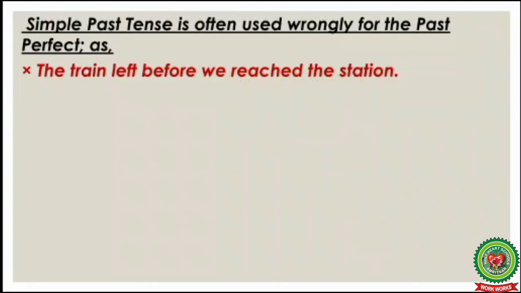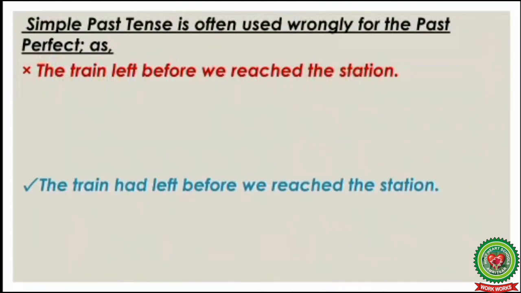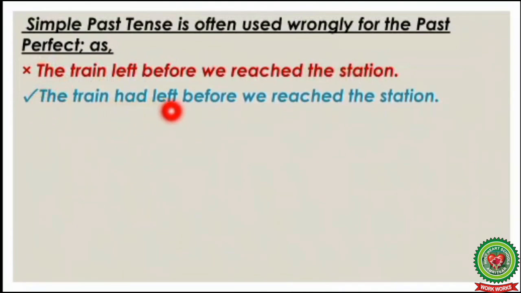With the first action that takes place, we write past perfect tense, and with the second action, we write simple past tense. Here, the first action is the train left, and the second action is we reached the station. So students, the correct answer is the train had left before we reached the station.